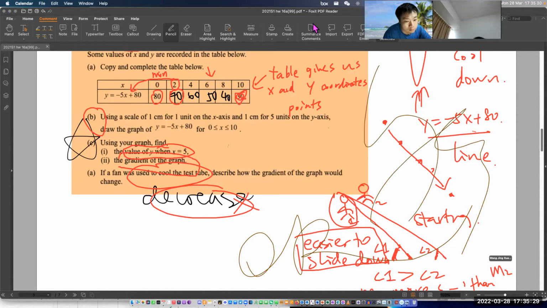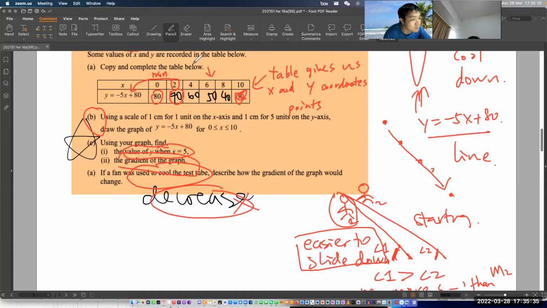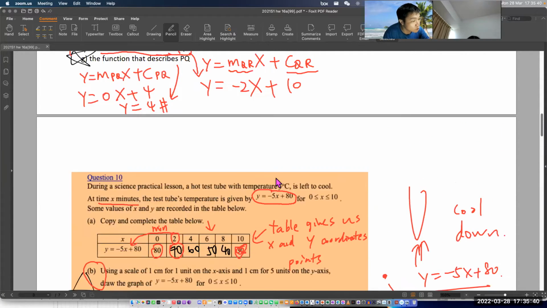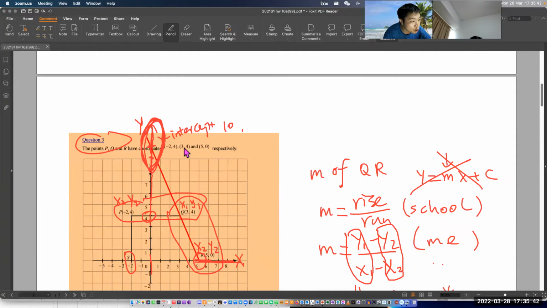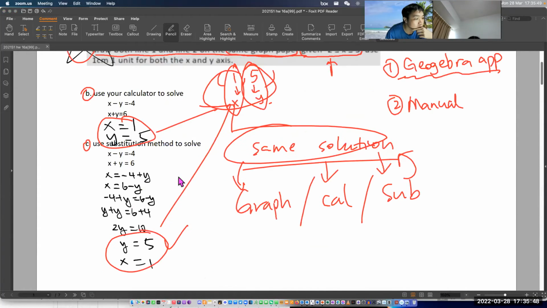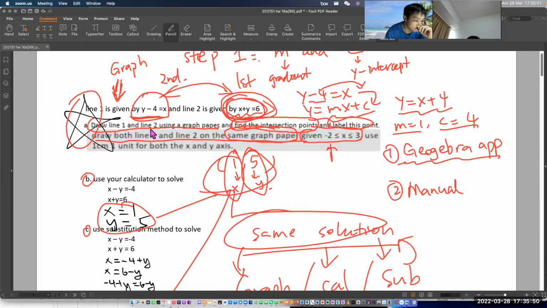Okay, good. So tomorrow we can unmask in the open space, then I get to meet you face to face next week. So next week, if you have any graph question, if you need to graph it out, you either graph it out on GeoGebra or on graph paper. You are expected to complete it.